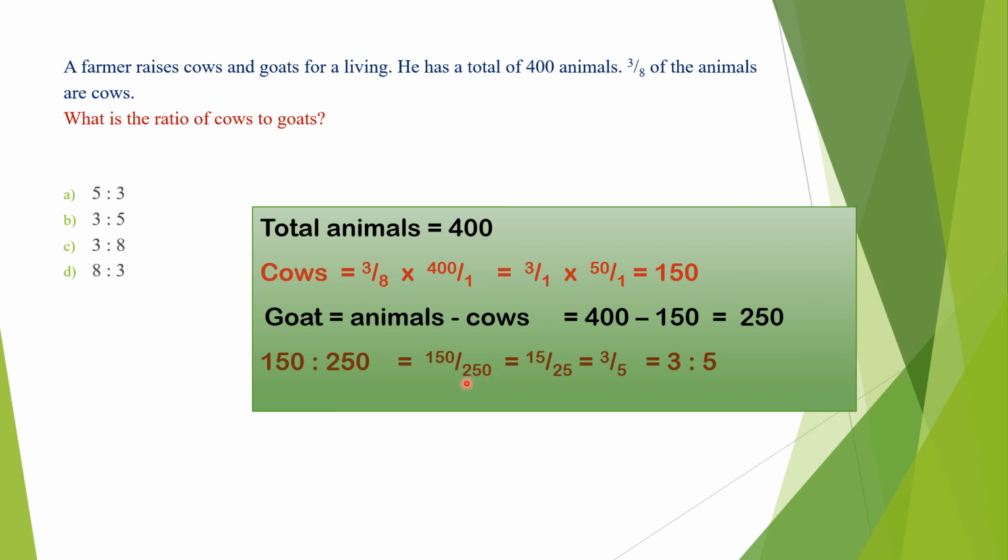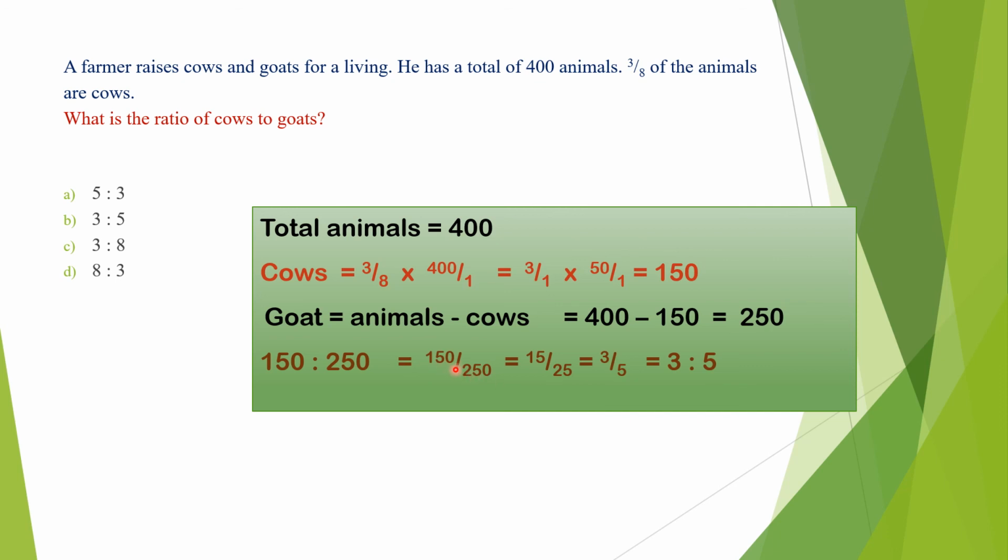Usually, we would divide by the highest common factor. But I decided in this case to do things a bit easier. Because each number ends with 0, and we should know that any number that ends with 0 can be divided by 10 without a remainder.